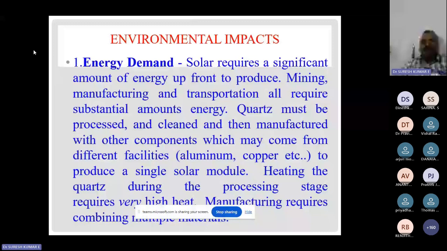Then quartz also we are using there. Quartz also has the same problem. Quartz must be processed. It should be cleaned, then manufactured. Then how much energy is used for that, which may come from different facilities, that is aluminum and copper, to produce a single solar module.